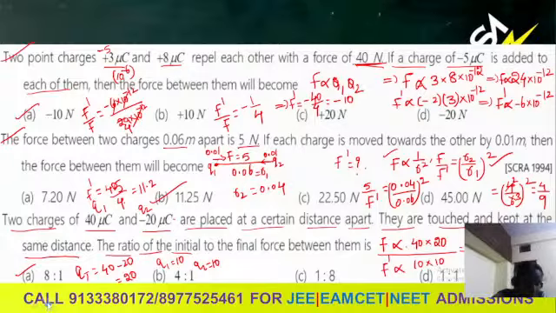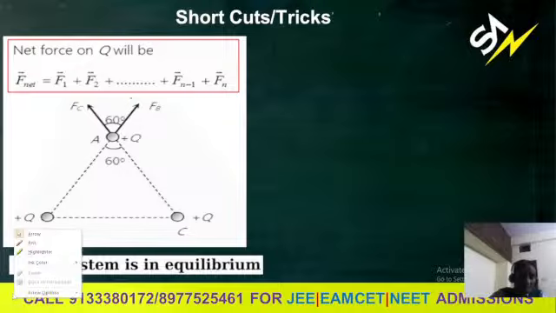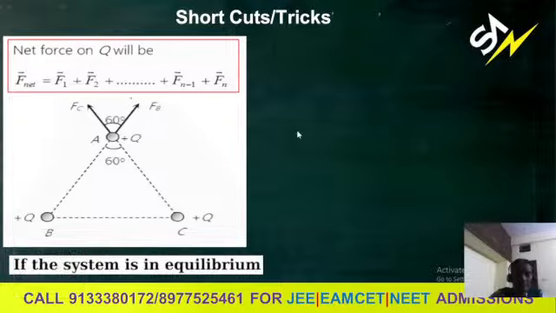So about Coulomb's law between the charges, how to find the force if the magnitudes of the charges change and the separation changes, we have seen the questions. And let us see how to find the net force on Q due to a system of charges. Let me take one example here. Please all of you observe this.